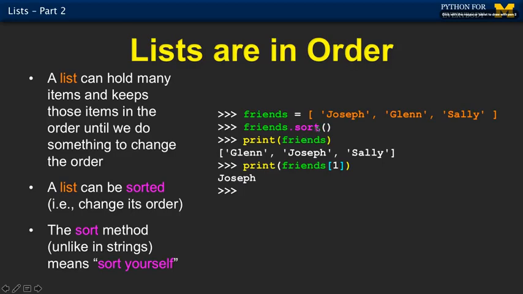This is kind of more object-oriented. We call the sort method within the friends object. And then now it has been changed. So it's now in alphabetical order, Glenn, Joseph, and Sally. And friend sub 1 is the new sub 1, so this actually changes it because lists are mutable.